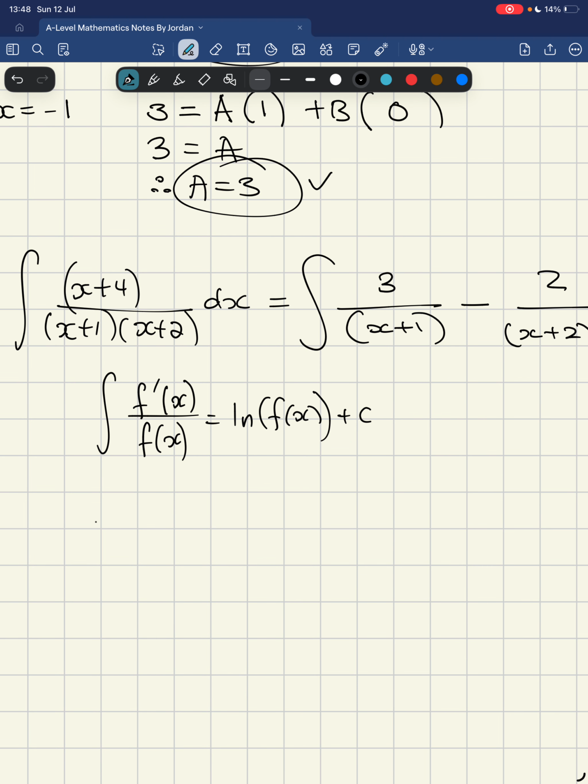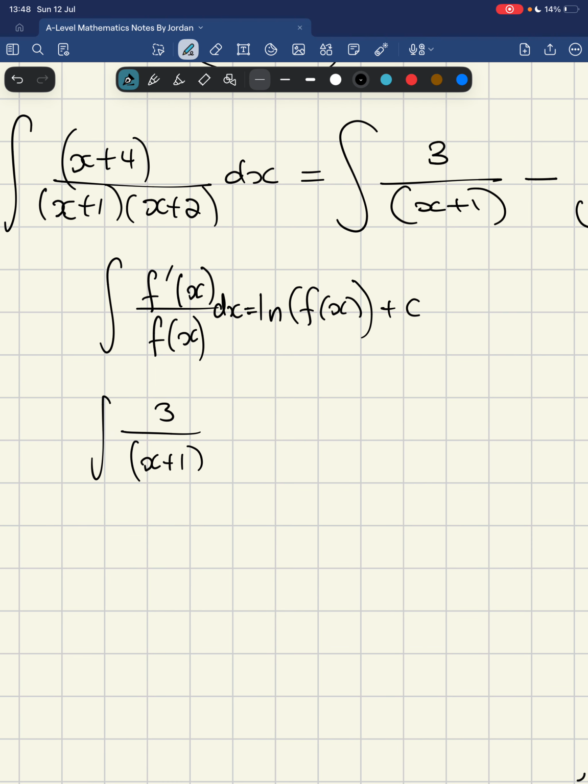Because if I was to look here, I have x plus 1 at the bottom, 3 at the top. I should have put a dx in there, my bad. Okay. If I think about this, I've got a function of x at the bottom, which is x plus 1. If I differentiate that, I get 1, okay?